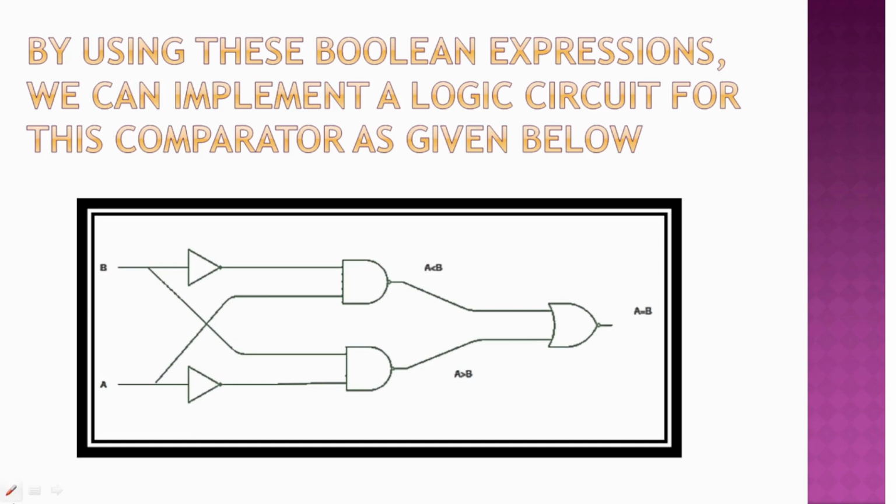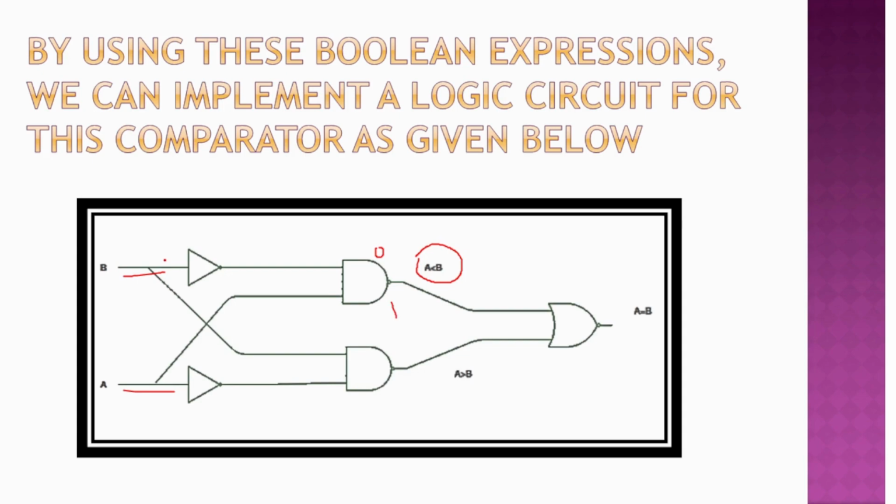This is the logical diagram of the magnitude comparator. First, B is connected with the NOT gate, and one more NOT gate is connected with A. So A is less than B means one of the inputs will be 0 and the other input will be 1.